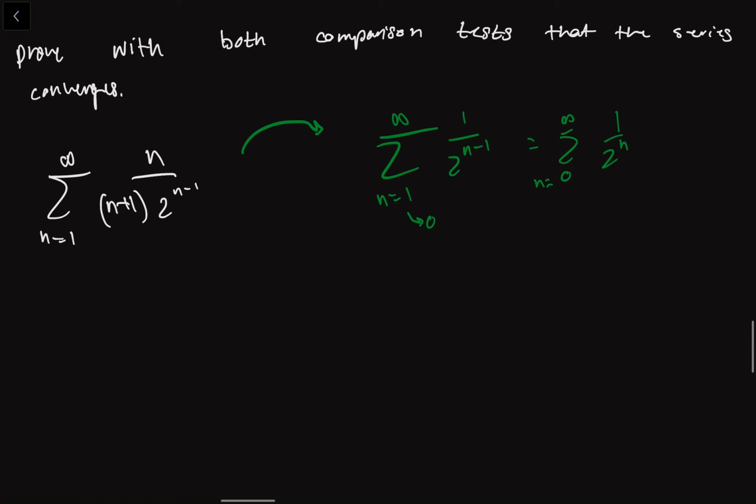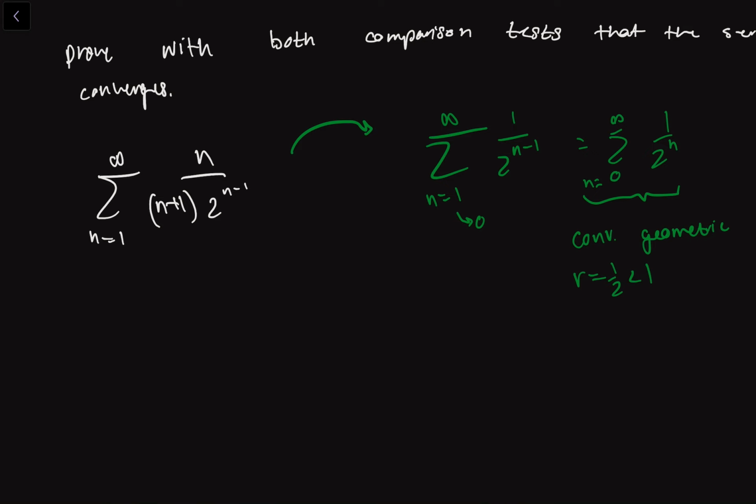And we know that this converges, right? This is a convergent geometric series because why is it convergent? Well, after you do that algebra, you'll see that r is equal to 1/2, which is less than 1. So we know that b sub n here is convergent.